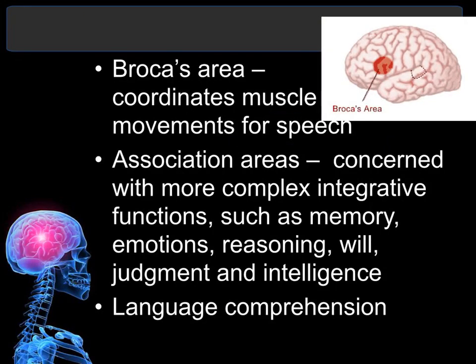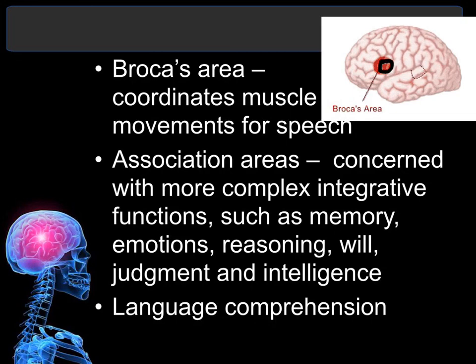Another area of the brain is Broca's area, specifically on the left side. It is part of the frontal lobe, but it's really, really close to the central sulcus. And this little area is Broca's area, which is for speech.